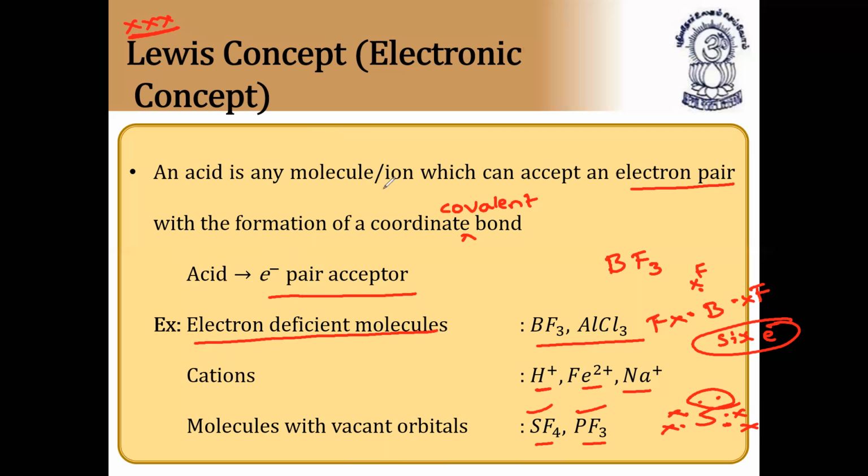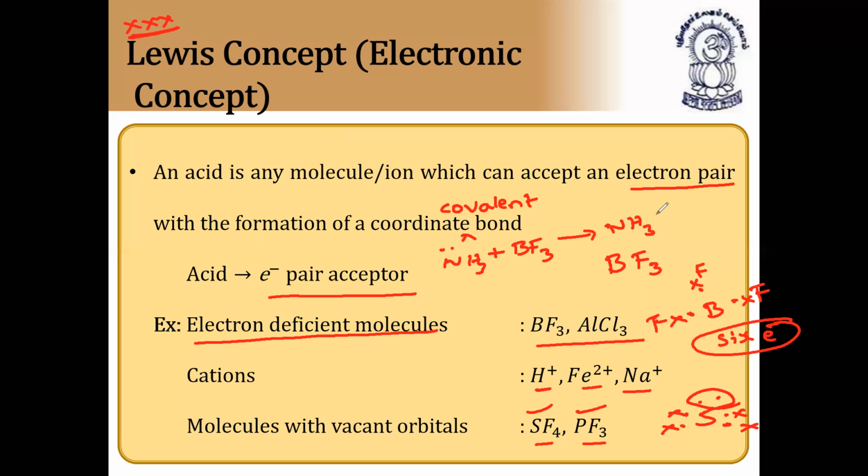An acid is any molecule or ion which can accept an electron pair. If a substance is readily accepting an electron pair, we'll call it an acid, that is called Lewis acid, with the formation of coordinate covalent bond. For example, if you see boron, what happens? Ammonia is a Lewis base. Ammonia contains one lone pair of electrons, so it donates its lone pair of electrons to BF3 and it forms ammonia boron trifluoride. So it forms what?